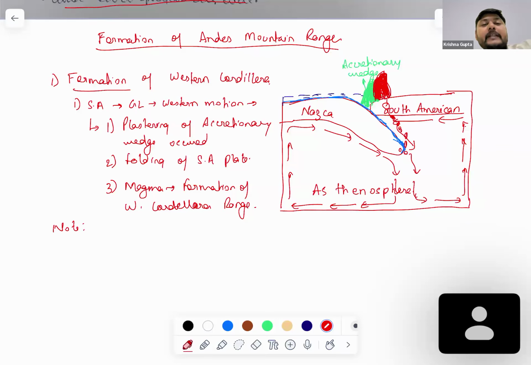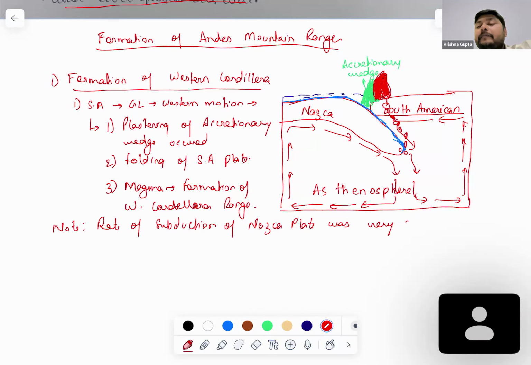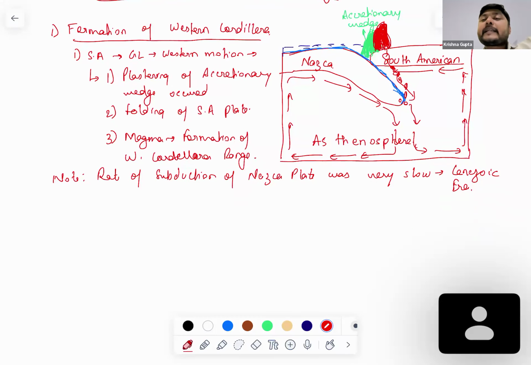During the formation of the Western Cordillera, the rate of subduction of the Nazca plate was very slow. That is in the Cenozoic era. Okay, so in this way, we are able to explain the formation of the Western Cordillera, which is present here.